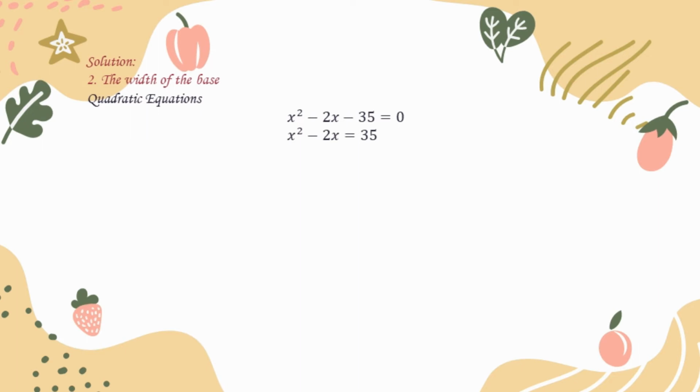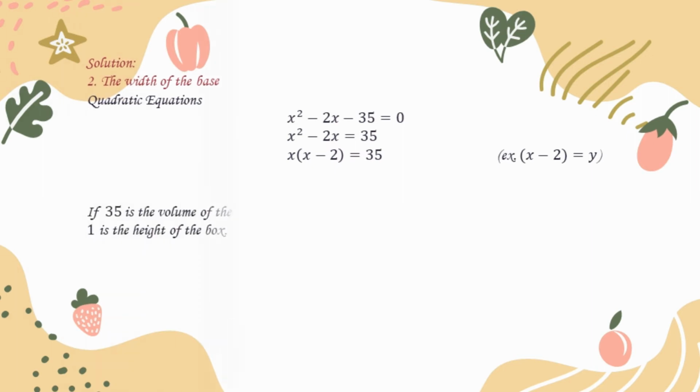We factorize x squared minus 2x to be x in parentheses x minus 2. Then we got x in parentheses x minus 2 equals 35. Let's say x minus 2 is y. Then we got x times y equals 35.